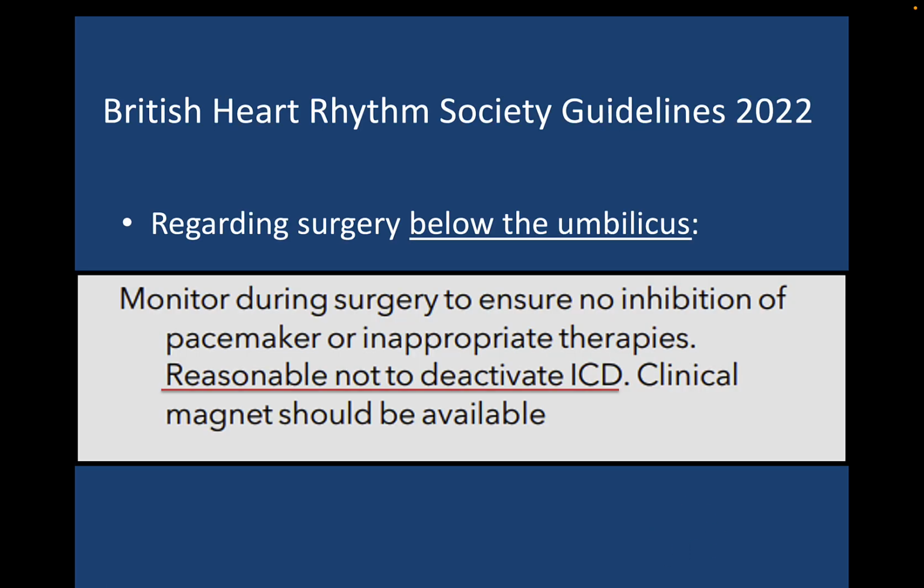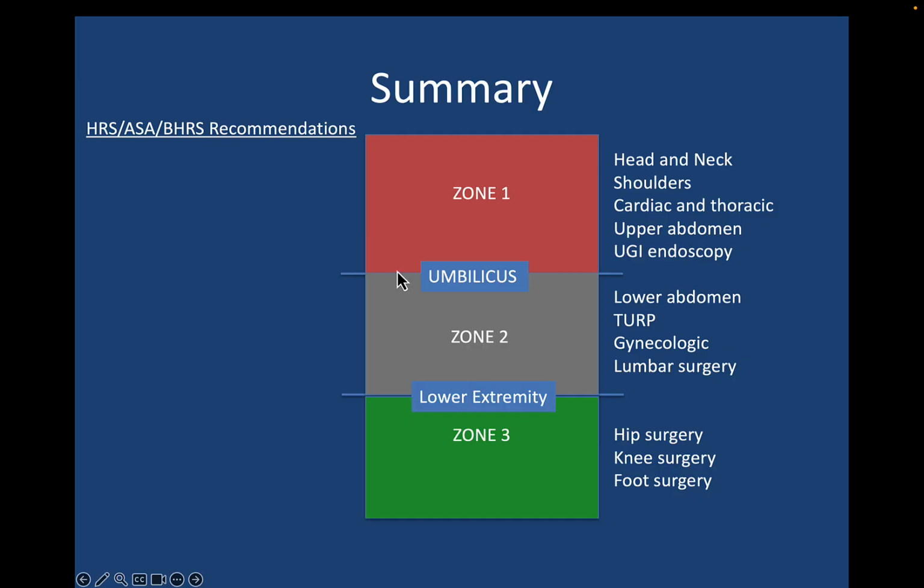How about the British Heart Rhythm Society guidelines in 2022? Well, in addition to saying if the surgery is above the umbilicus, inhibit anti-tachytherapy, it also does say something about surgery below the umbilicus. It says that it's reasonable not to deactivate the ICD in this scenario. And then if you look at the three zones, where you have the zone above the umbilicus, below the umbilicus, and then lower extremity surgery, for zone 1, it's crystal clear, turn off the anti-tachytherapy.